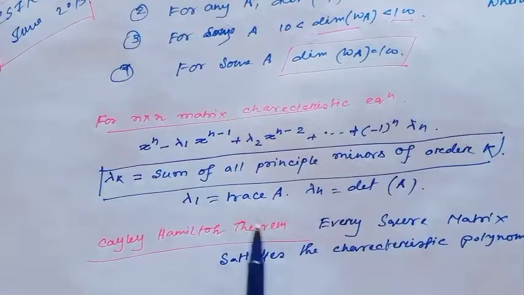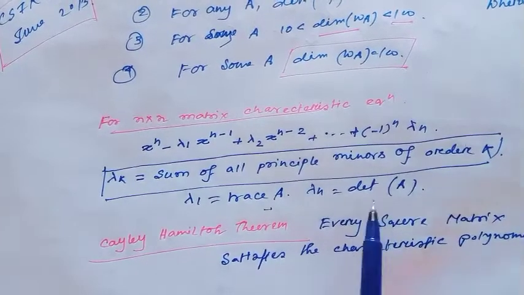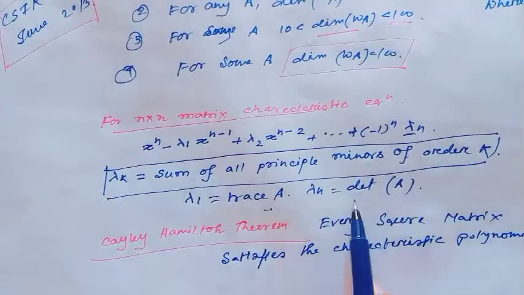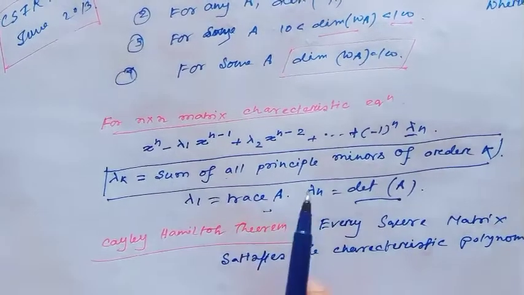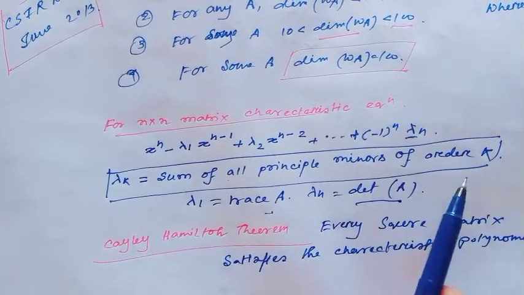We all know lambda 1 is the trace of the matrix and lambda n is the determinant of the matrix, and every other lambda k is the sum of all principal minors of order k.